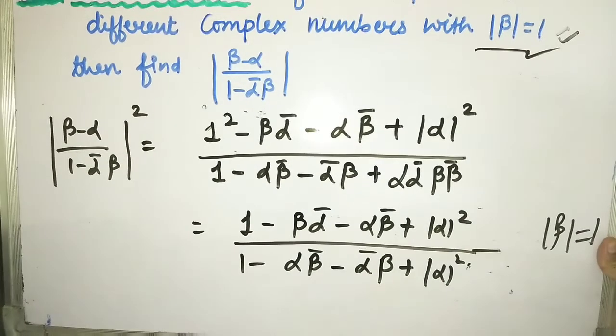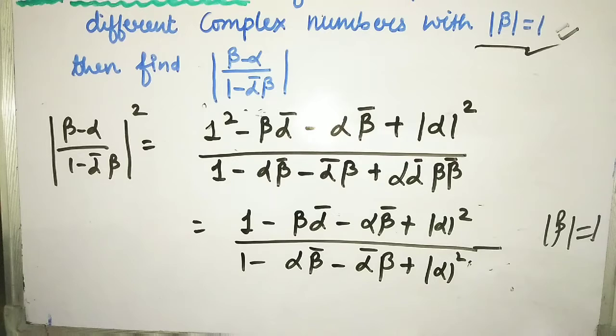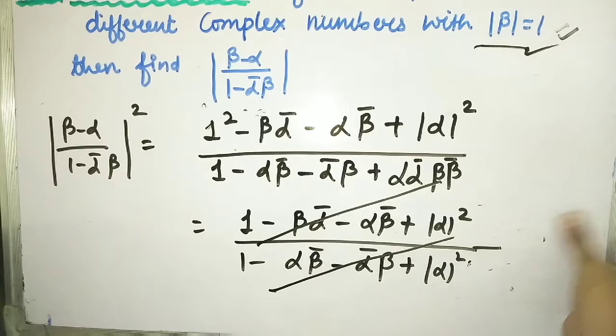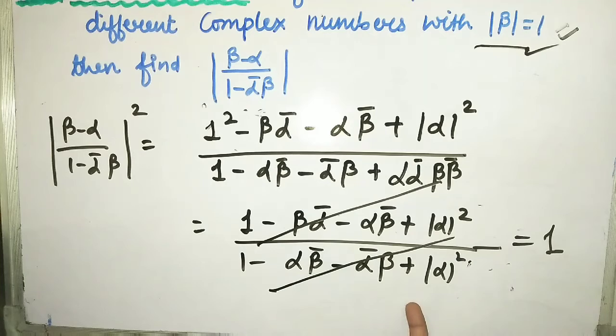Okay, right? Now see, what is coming in your mind? Numerator and denominator are exactly the same, so it will be cancelled out and you will get number 1. Therefore the whole term is equal to number 1.